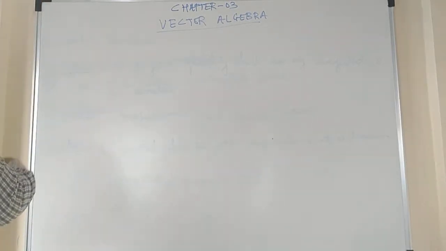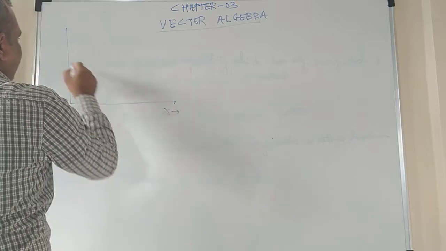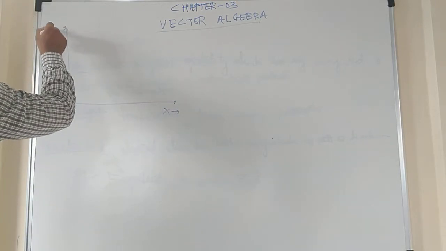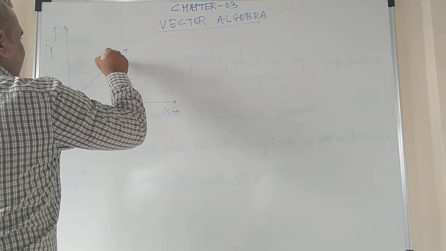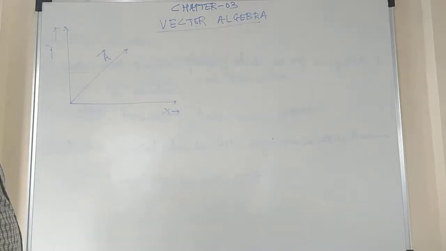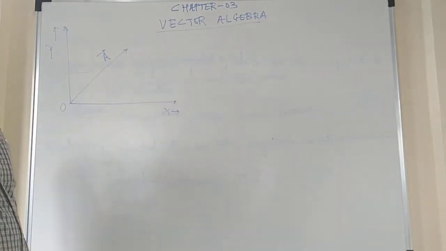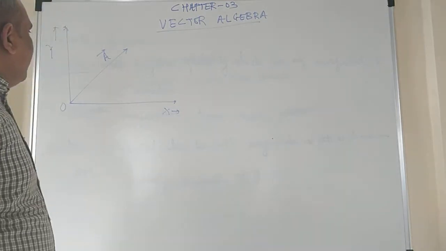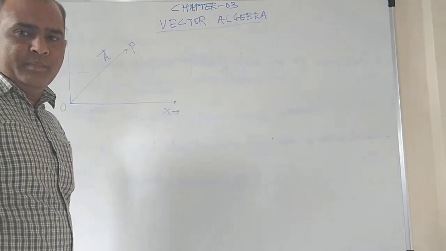So let us consider, let us say this is my y-axis and this is an x-axis. Got it? Suppose this is my vector A bar. So vectors are always represented with bar on its head. Let us say O is its origin, and this is a end point of the vector, let us say P.